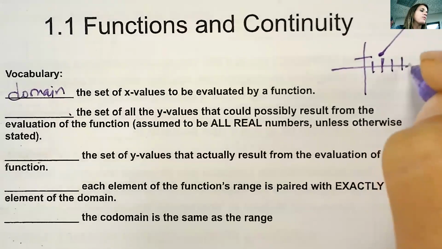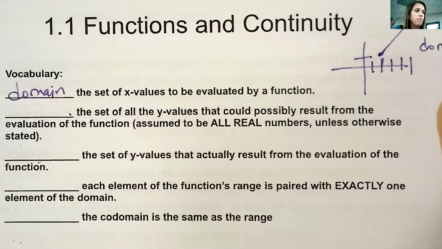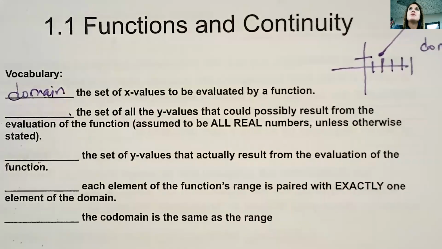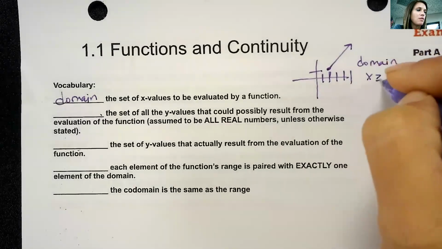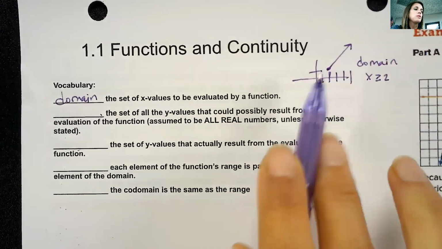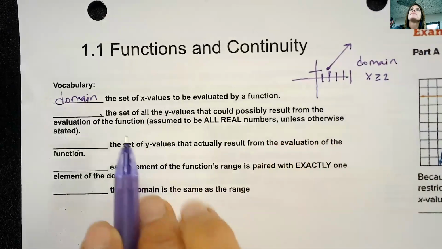As we go to the right, x gets bigger. I need to zoom out just a little bit. The domain of this function would be x is greater than or equal to 2 because it starts at 2 and then it gets bigger. Okay, so that's the domain.